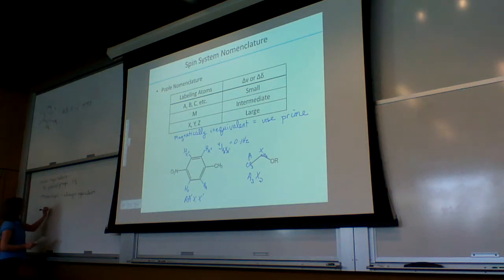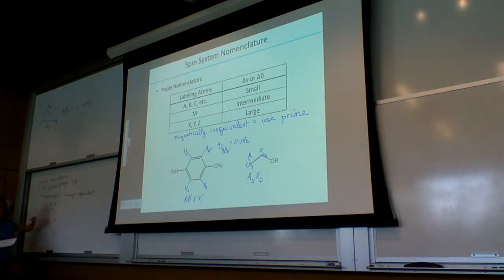So let's say we were looking at these two methyl groups. Those two methyl groups are always going to be equivalent.